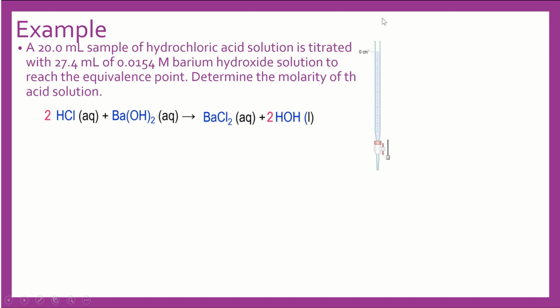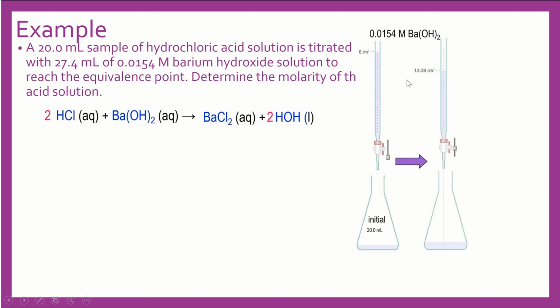So again, here's the idea. We'd have our burette, and we have our barium hydroxide, our base, in the burette. In the bottom of our flask, or beaker, we're going to have our 20 milliliters of our hydrochloric acid. So here's our base. We're going to pour it into the acid.